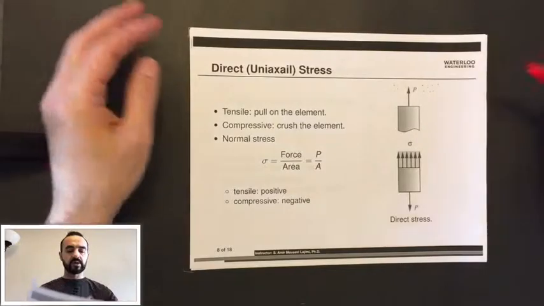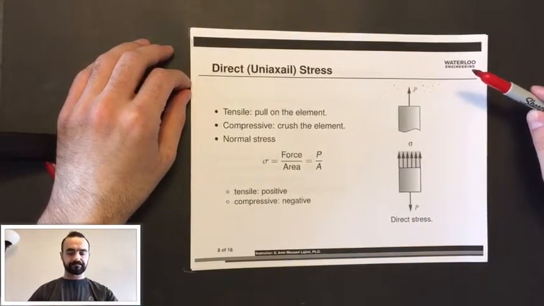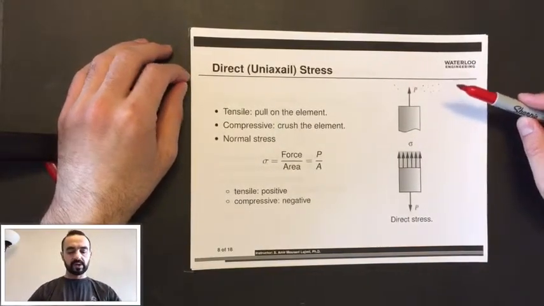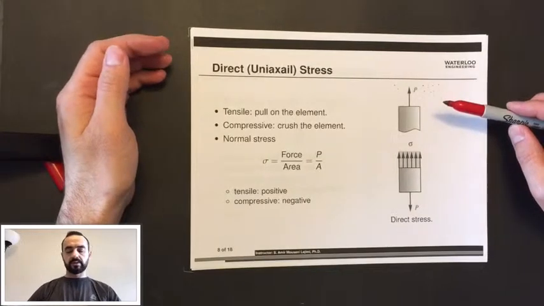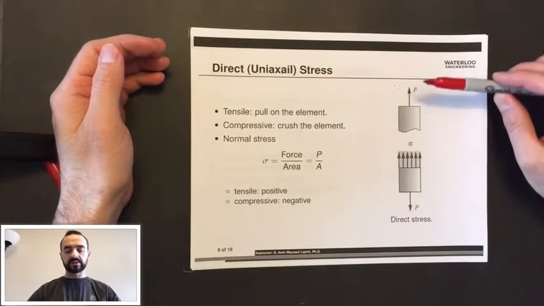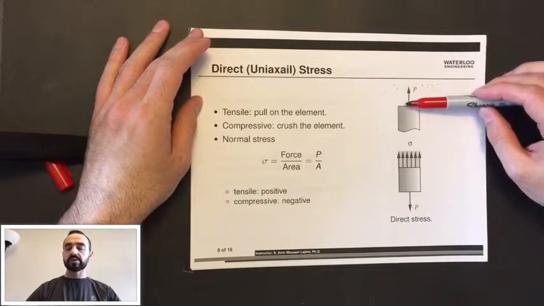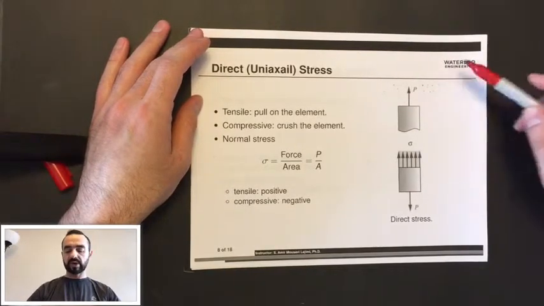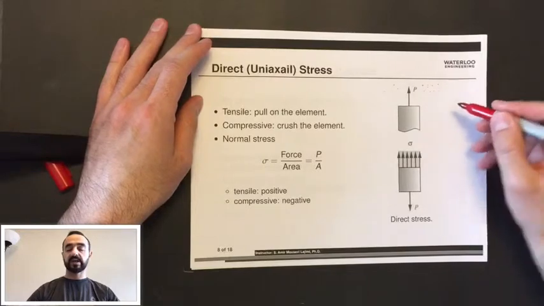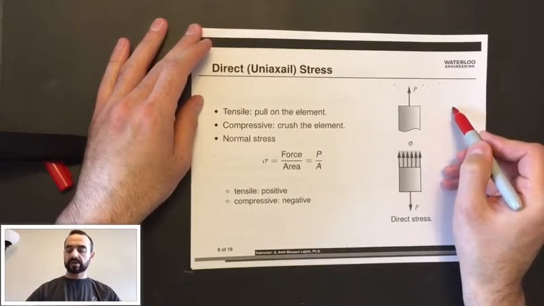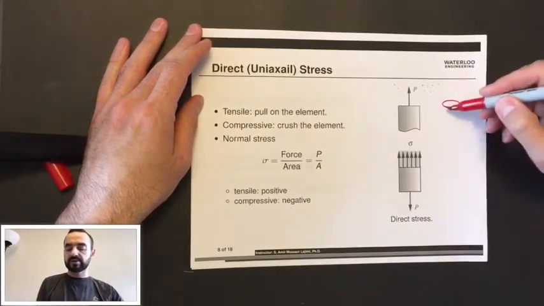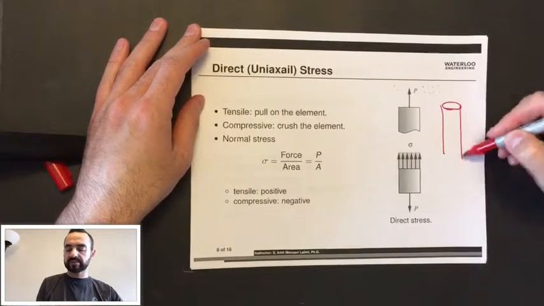Now, if we apply the load such that our load goes through the centroid of the cross-section of this element, the cross-section of this element is going to look like this.